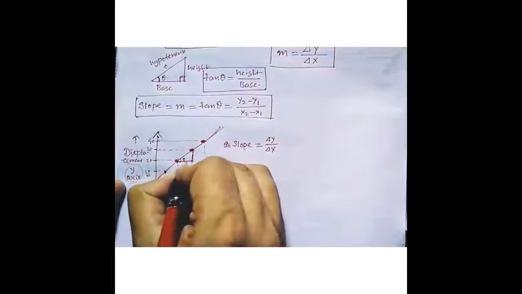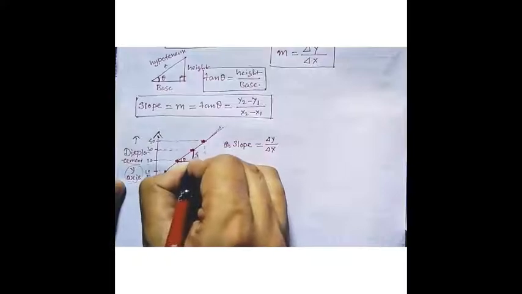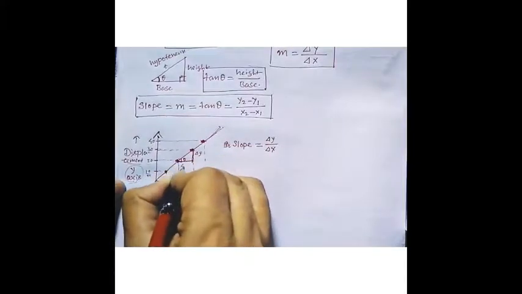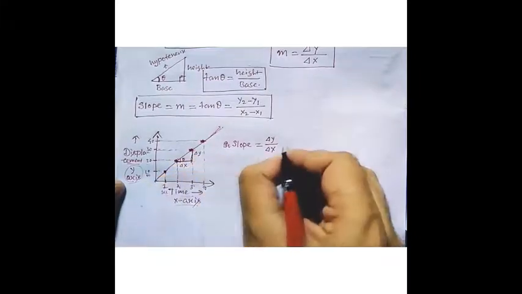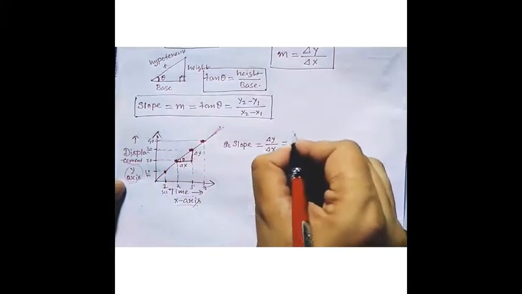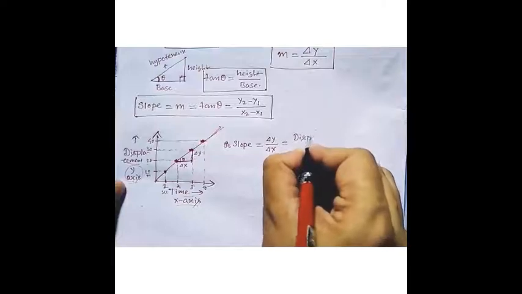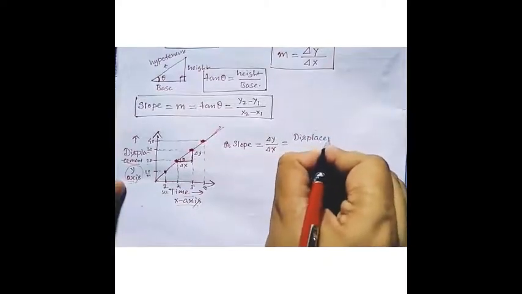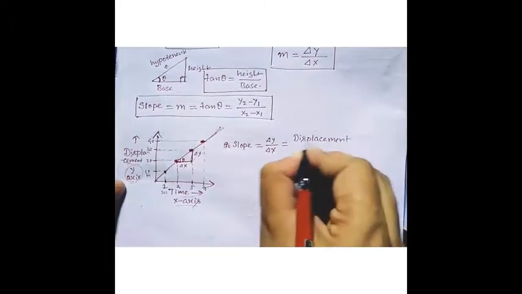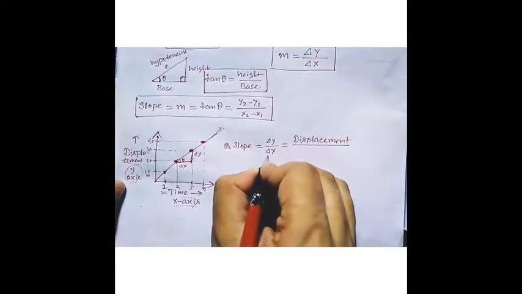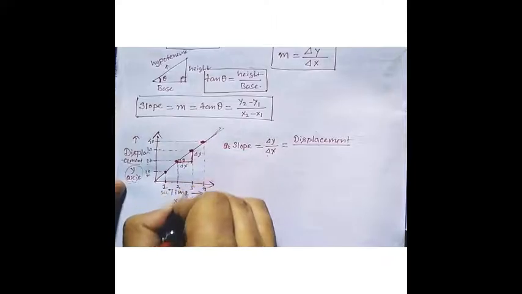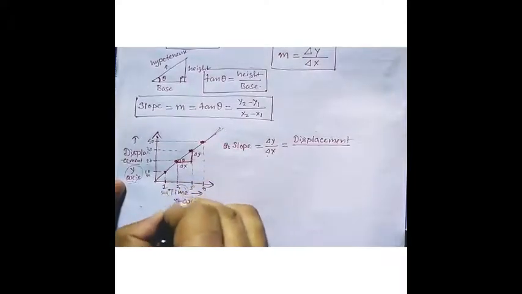So this is the del y, and this is del x. The base is del x and the height is del y. So del y actually indicates displacement. Look carefully that del y actually indicates displacement, and del x actually indicates time.